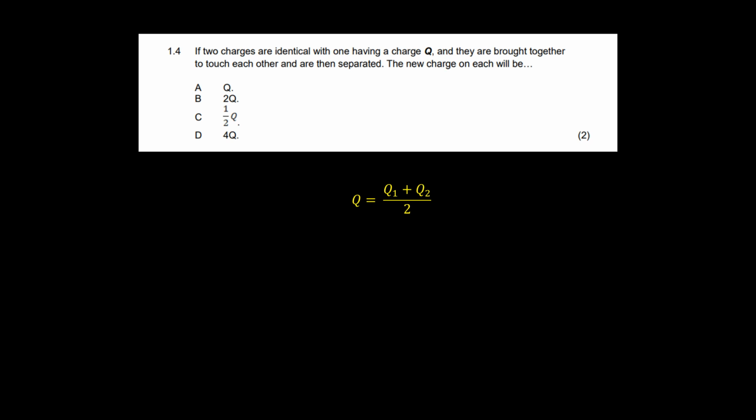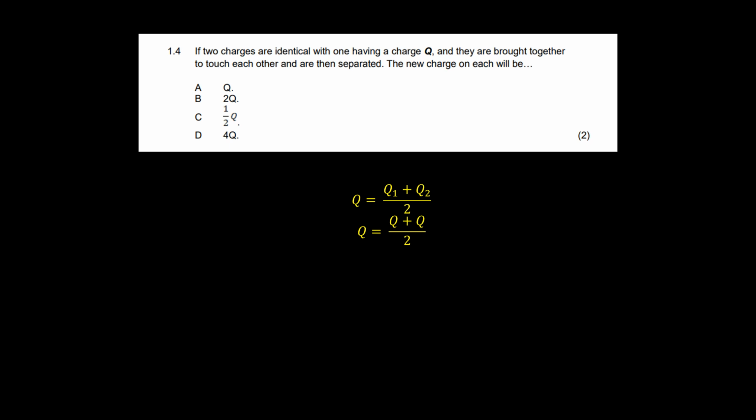The amount of charge that each will have after, or the final amount of charge, is Q. So charge 1 had an initial charge amount of Q and charge 2 had an initial charge amount of Q. This means that the final charge Q is equal to Q plus Q divided by 2.